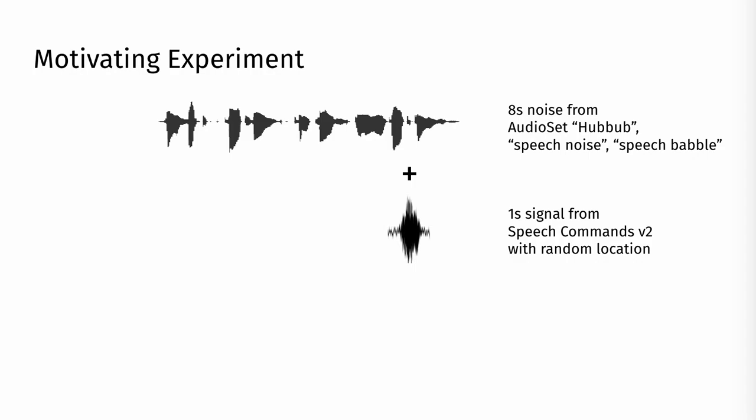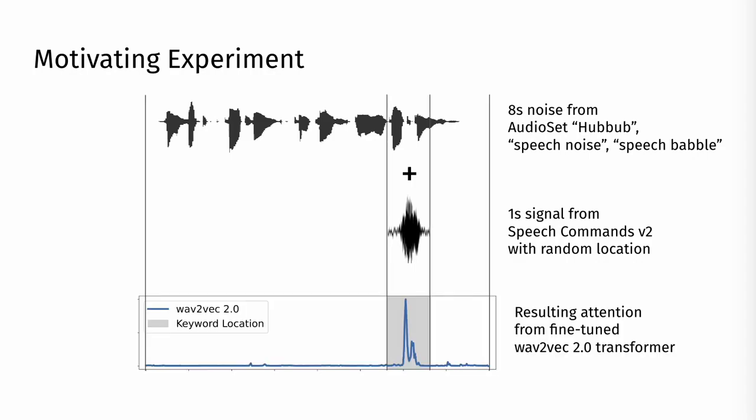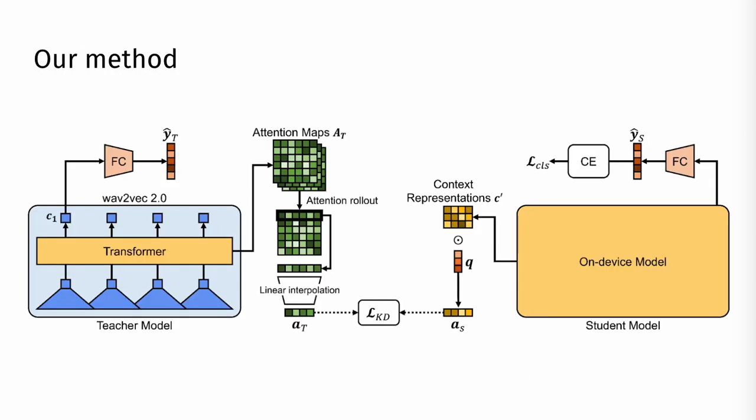So the result was that the transformer was in fact attending to that specific location. In other words, we only gave it the labels, but the model also taught us where those signals were, kind of like a weakly supervised scenario on the image side. So, well, we did not stop there.